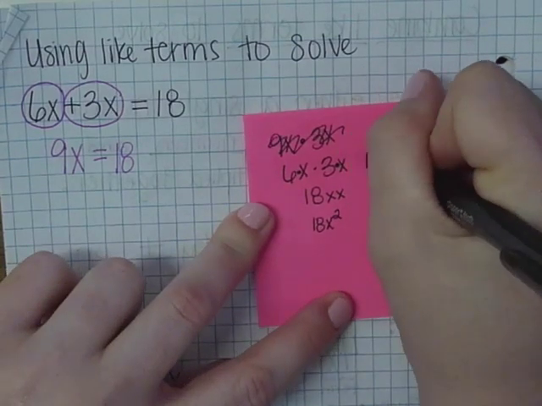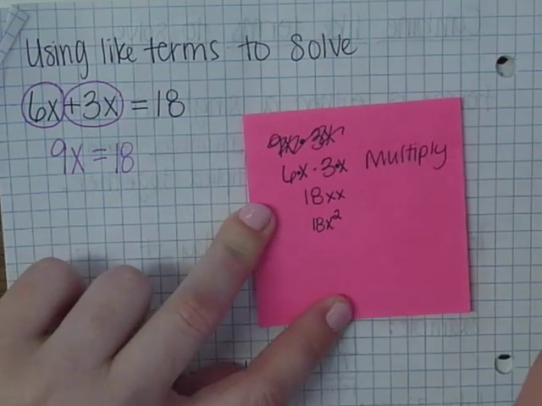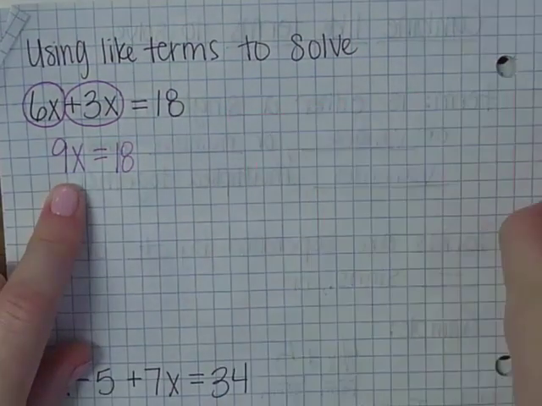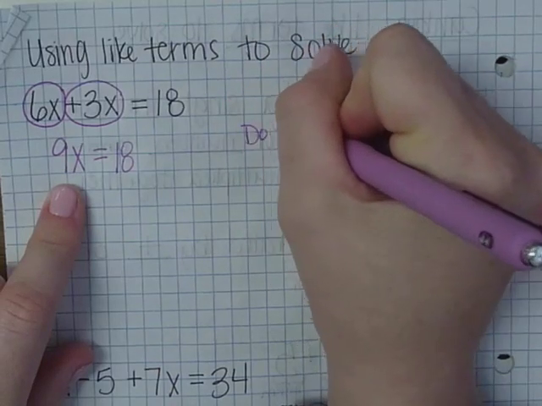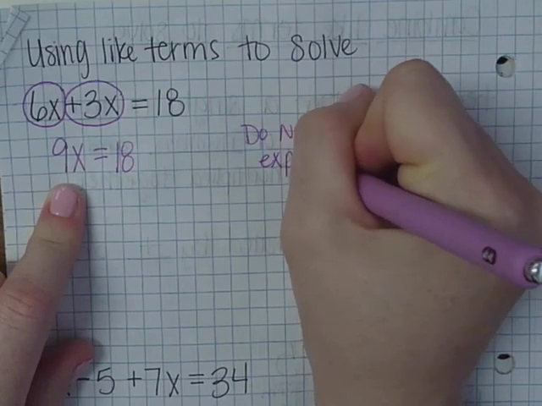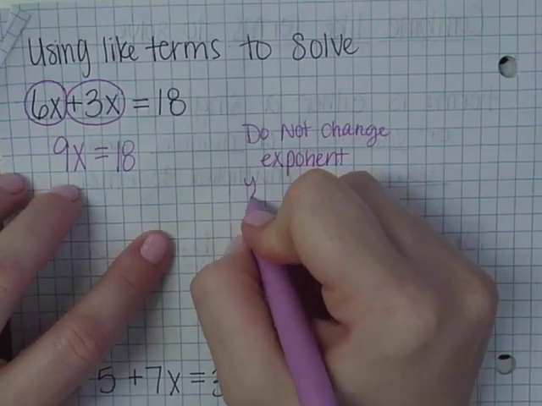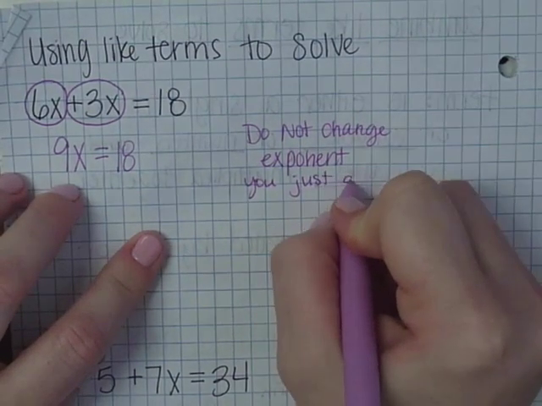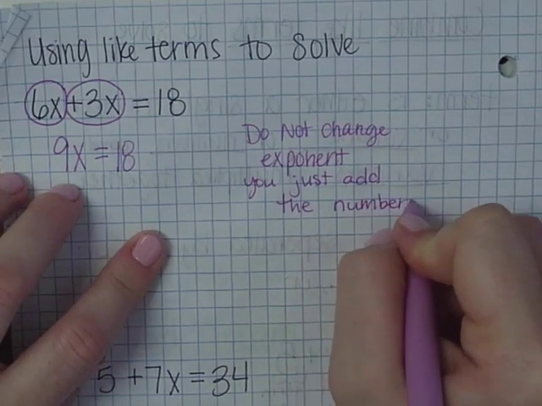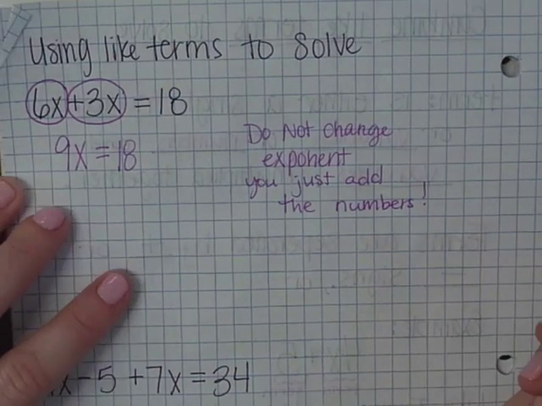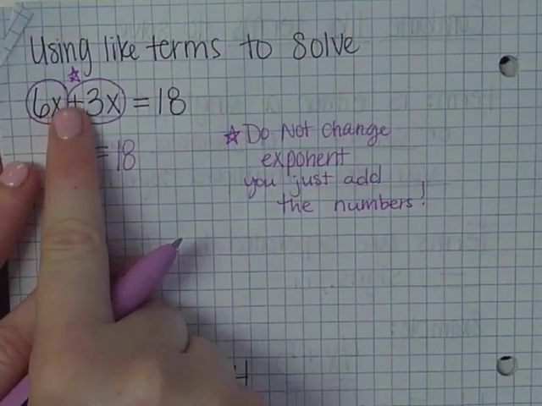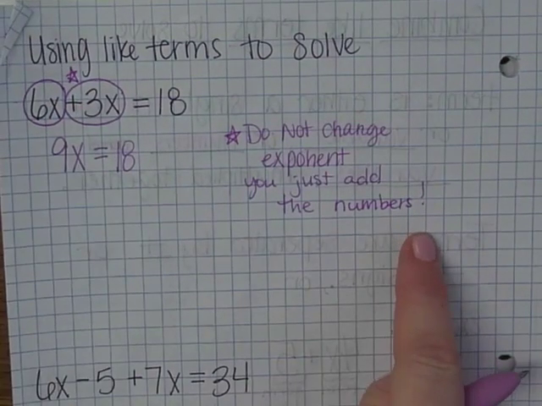This is multiply. This is add. So do not change the exponent. You just add the numbers. So right there, do not change the exponent, just add the numbers.